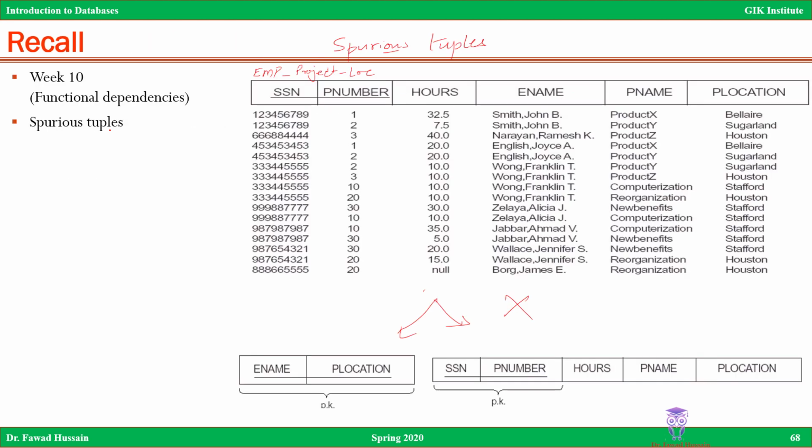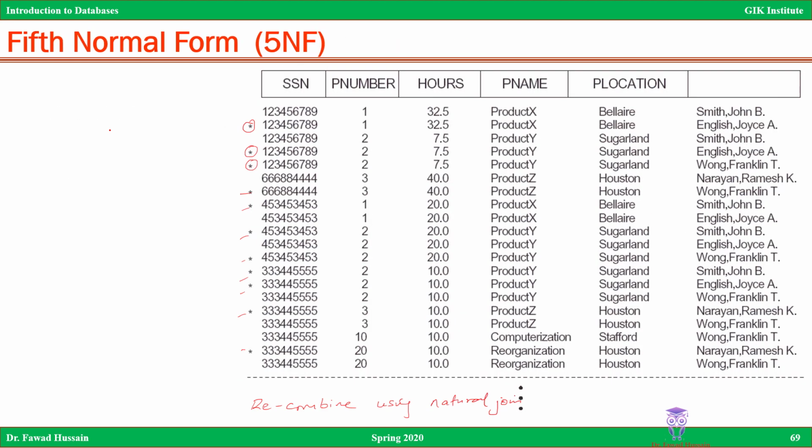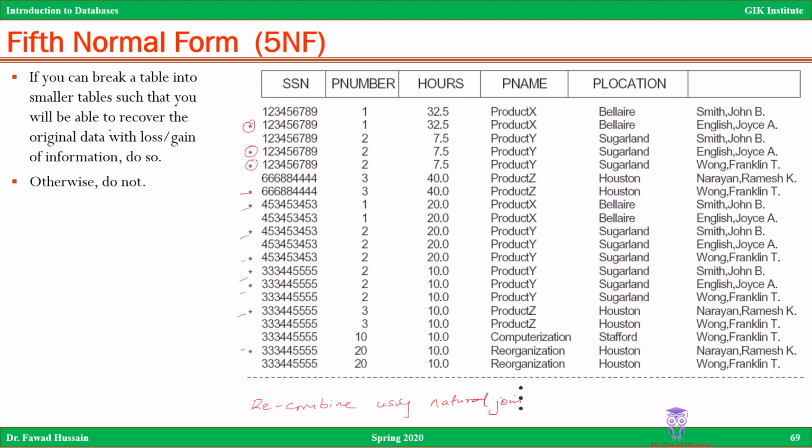So we have seen three new advanced normal forms, and those are the Boyce-Codd normal form, the fourth and the fifth. And the way to deal with this is that if you can break the table into smaller tables such that you will be able to recover the original data, then do so.